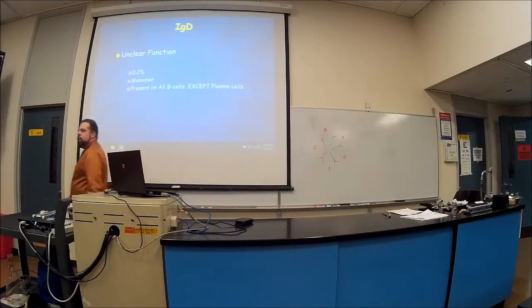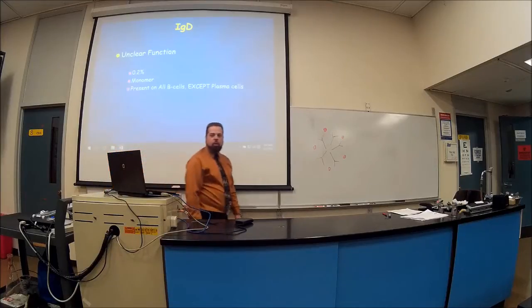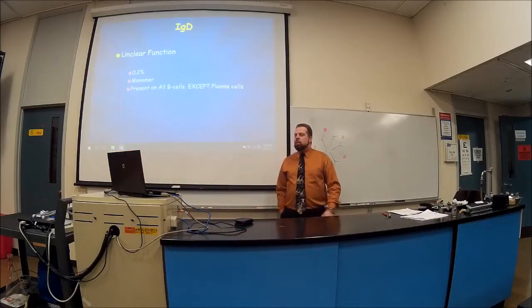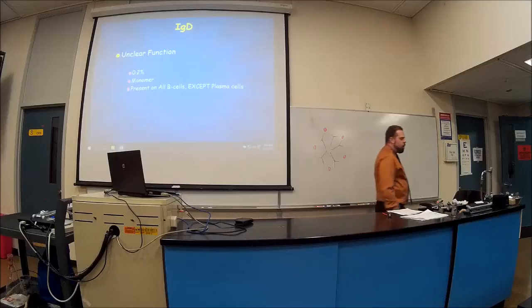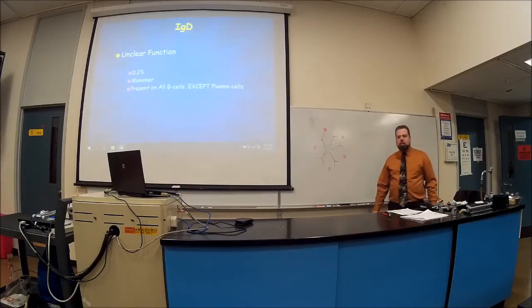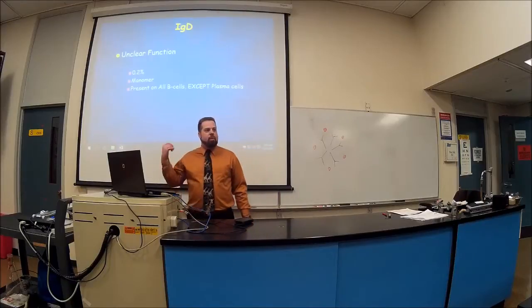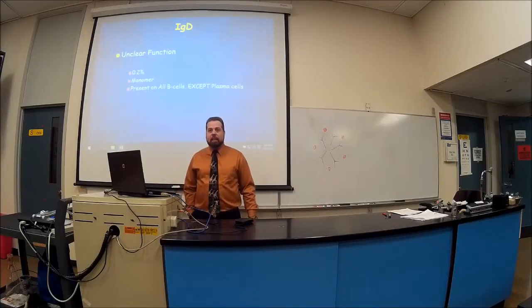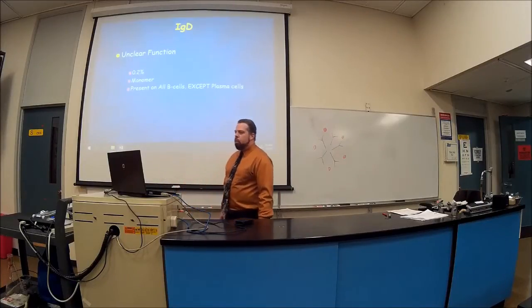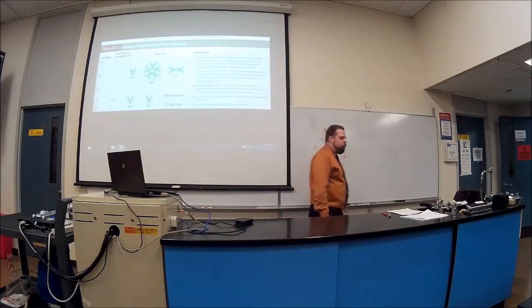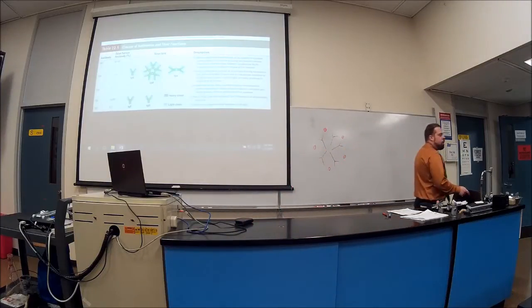We know it exists, we just are unclear about what the purpose is. We know that they're present on all B cells except for plasma cells. We're unclear about what it actually does. Okay? And they're more prominent than IgE. Okay? So those are our 5 different antibodies.